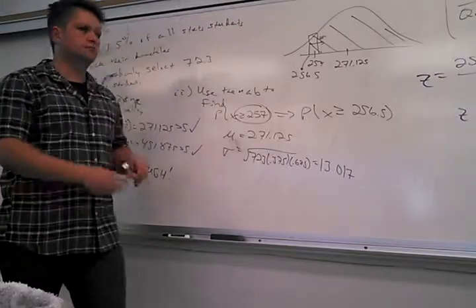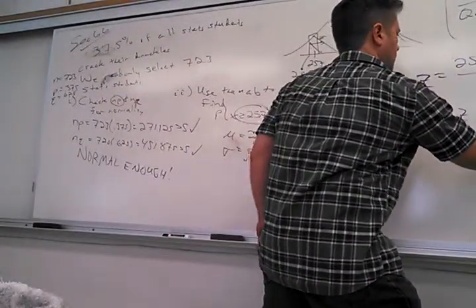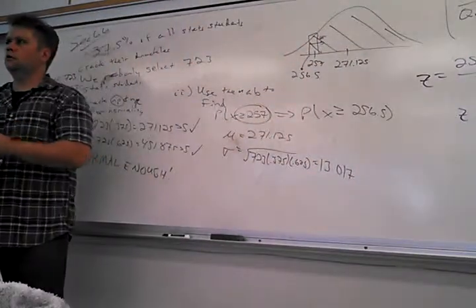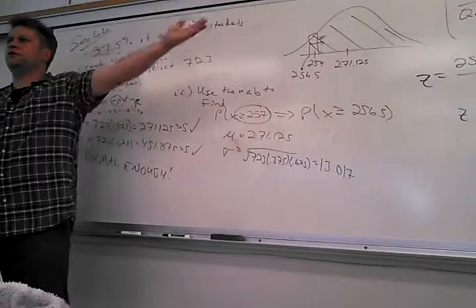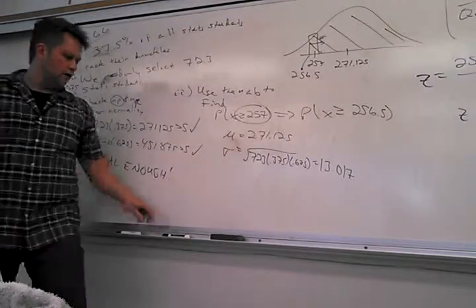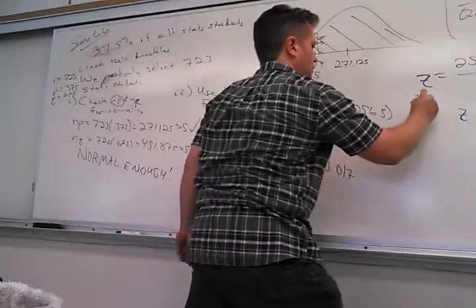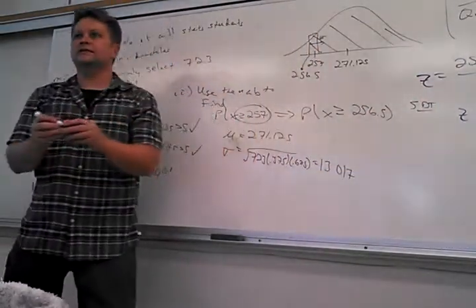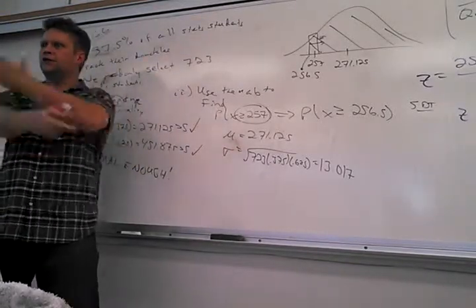Negative 1.12. Then you look that up, you get the area, you subtract it from 1 because you want the area on the other side. For my algebra student, I call it SDT sometimes. It's the same thing. It doesn't matter where it came from. Get the z-score, you look it up, you make sure you get the right area.